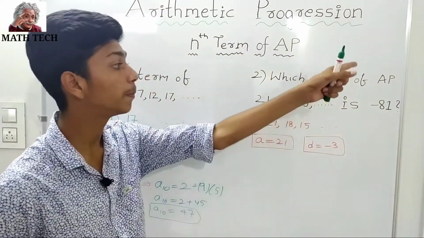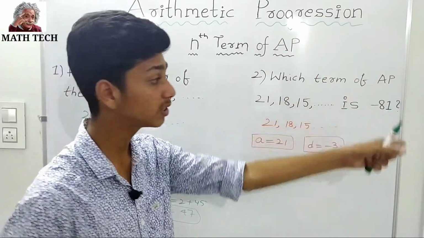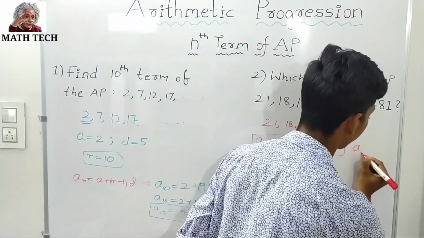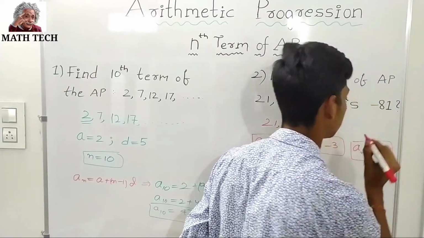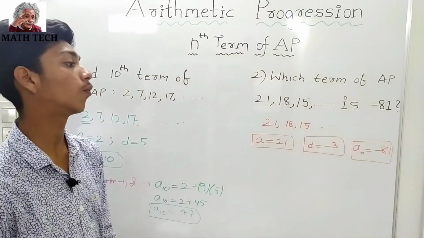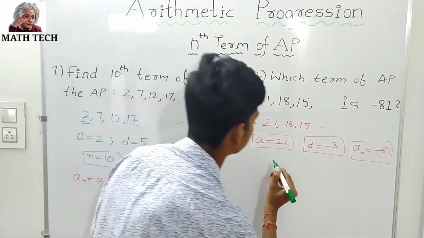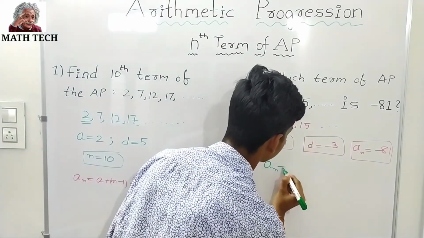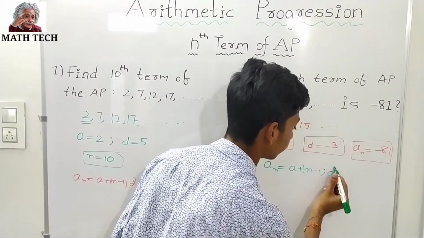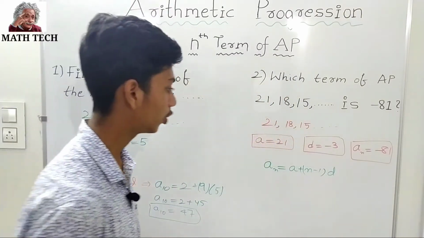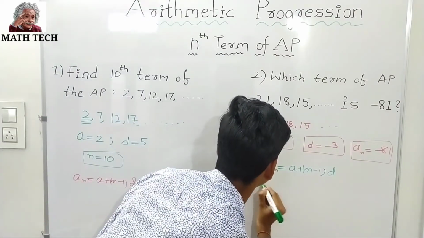Which term of the AP is minus 81 means he has given the value of an, that is minus 81. Now it's time to apply the formula: an is equal to a plus (n minus 1) into d. What is an? Minus 81.